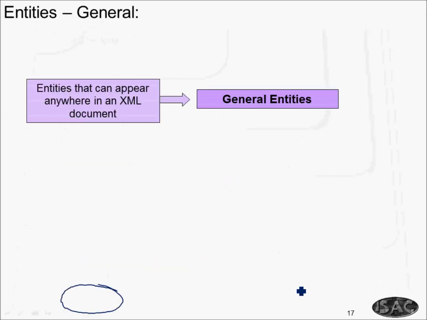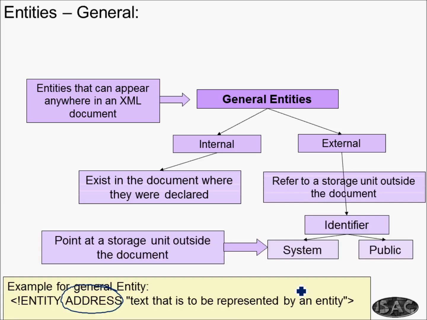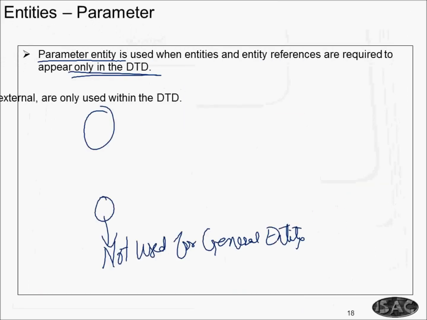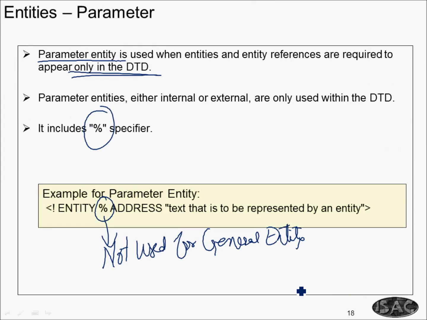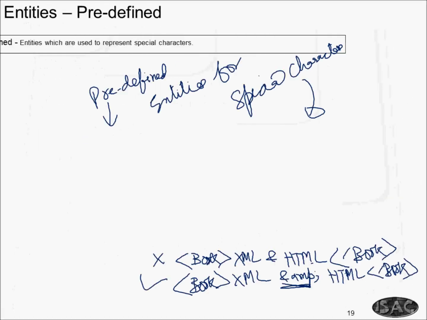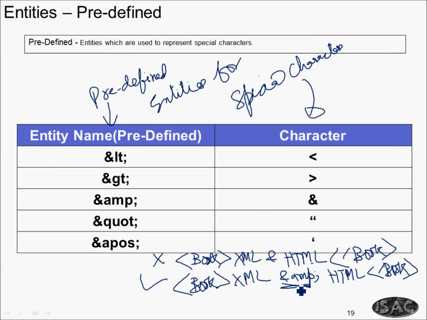General entities have two types, internal and external, and address is an example. Parameter entities are used in the DTD, and you indicate that the entity is for DTD by using the percent sign, which is not used for general entities. And then there are predefined entities for special characters, so that you can use them.